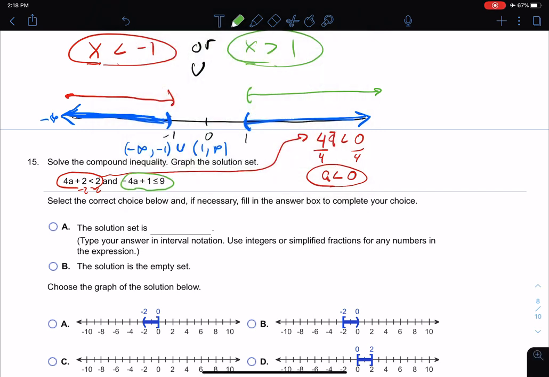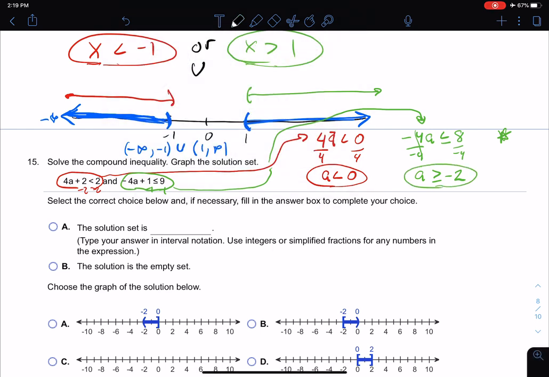Same thing, I'd like to start with one step taken care of by subtracting 1 from both sides. So I've got -4a is less than or equal to 8. Divide by -4, be really careful, star. Divide by -4, which means reverse the inequality. That's a is greater than or equal to -2.